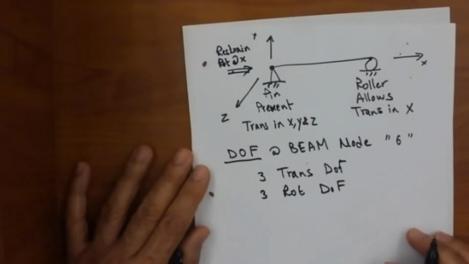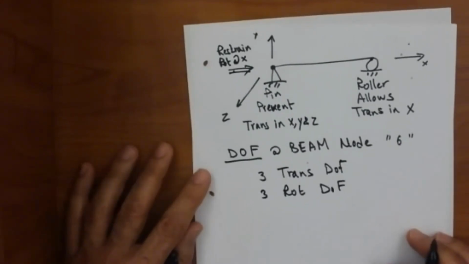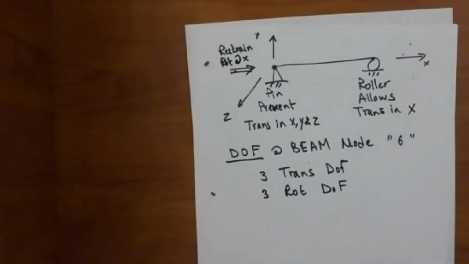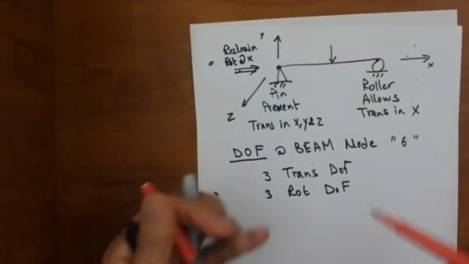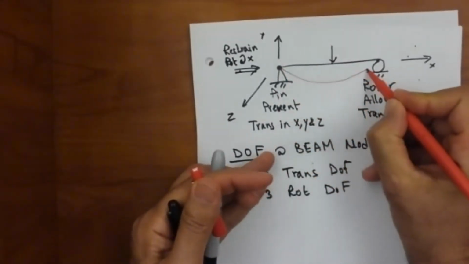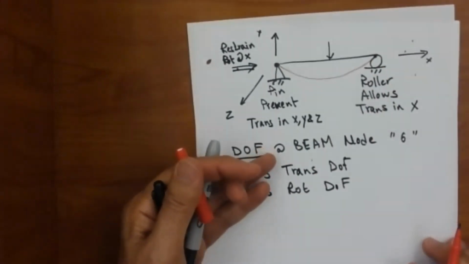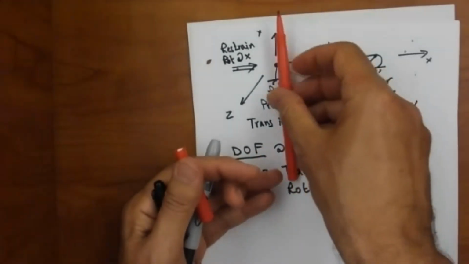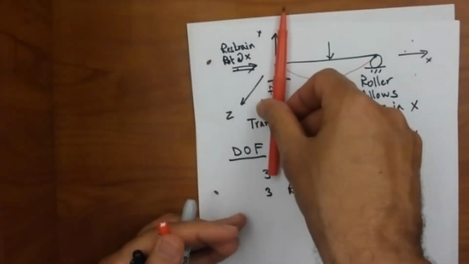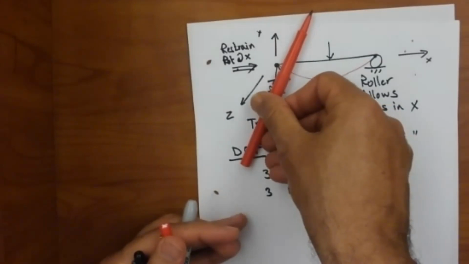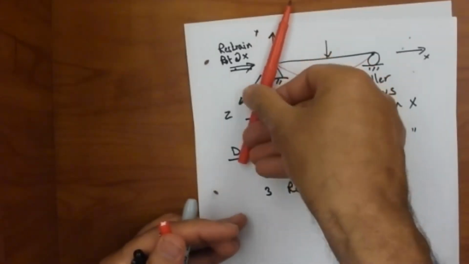Why do we have rotational degrees of freedom? We know that this beam, when subject to this load, is going to bend like this. And what does this bending imply? When I had a face that was oriented vertically, like my marker, when the beam bends, this face can go like this. That's a rotation.